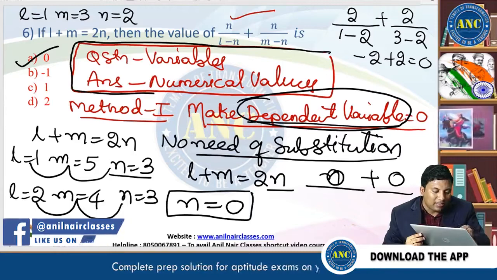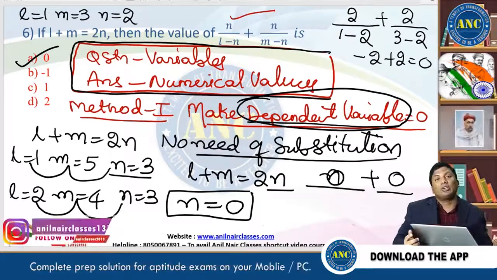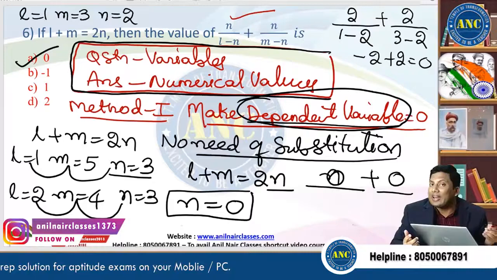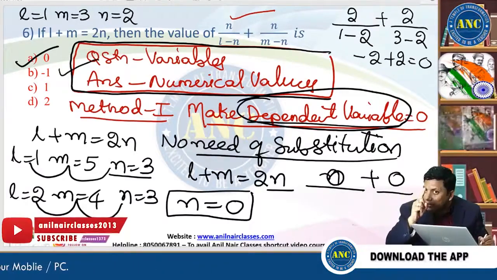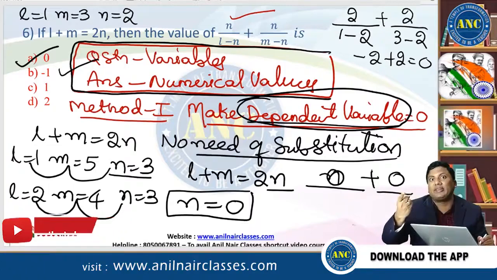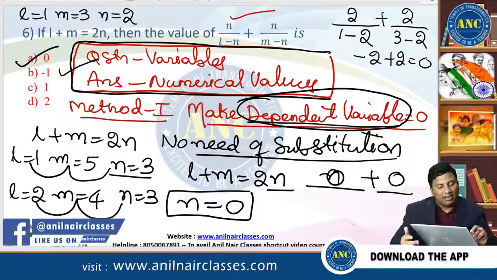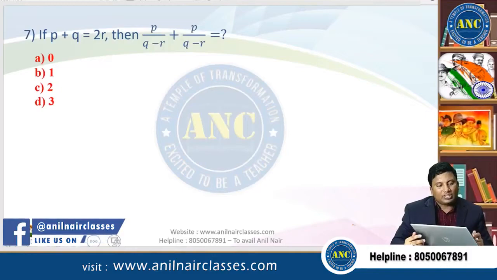This approach is used when the question has variables and the answer has numerical values. When the degree method is used, the question contains variables and the answer contains variables. Next one.